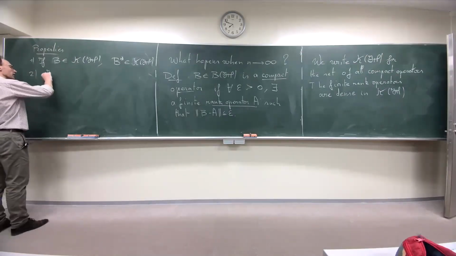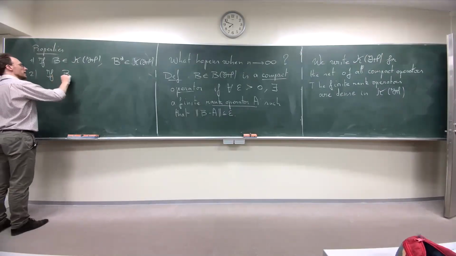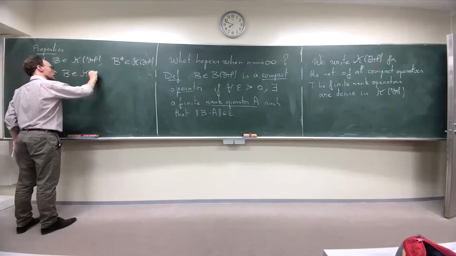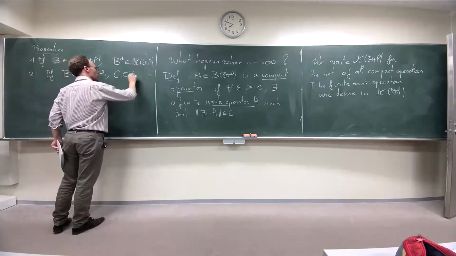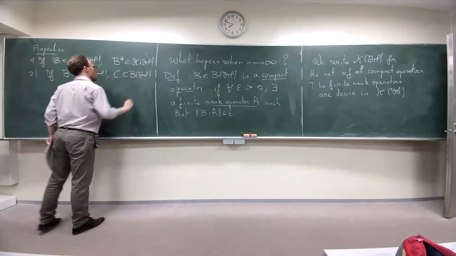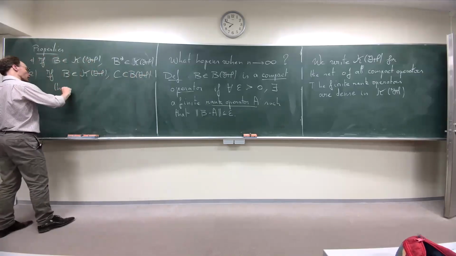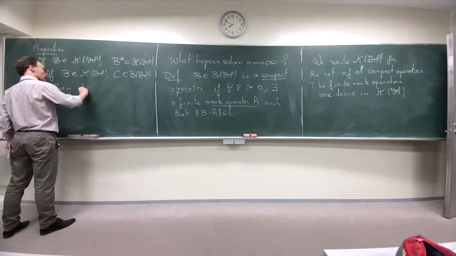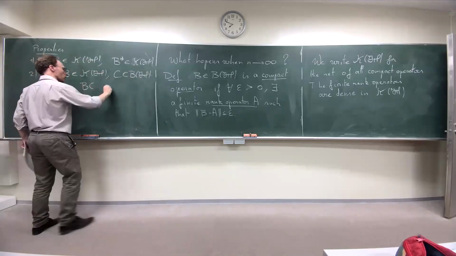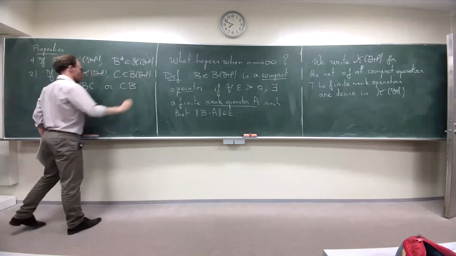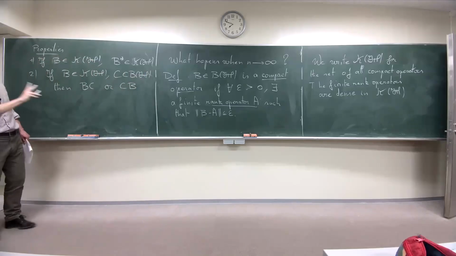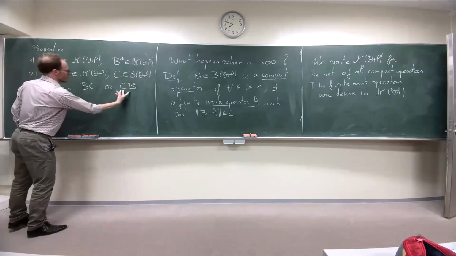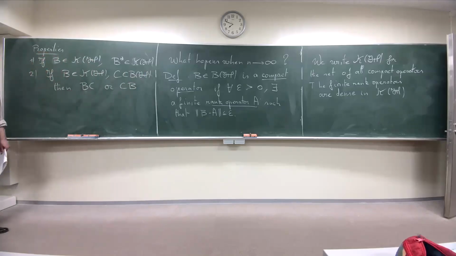Can you guess, if B is compact and now C is any bounded operator, then what about the product? Either BC or CB, they are not the same. Like for matrices, if you take in this order or in this order, there is no reason for them to be equal.